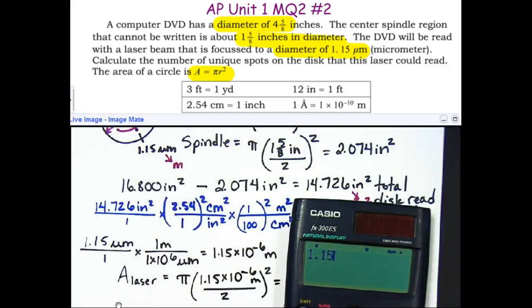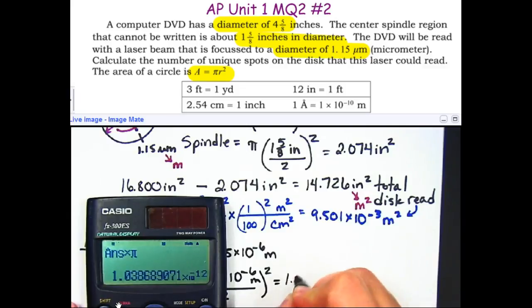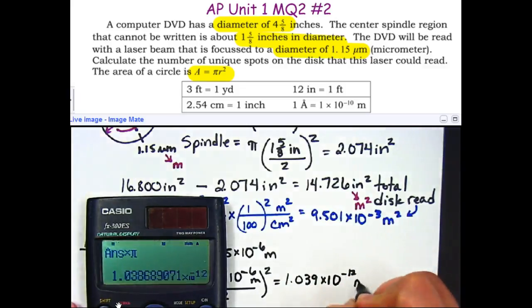Let's put 1.15 times 10 to the negative 6 in parentheses, divide that by 2, square that value, and then multiply that times pi. Okay, we get 1.039 times 10 to the negative 12 meters squared, and that's going to be the area of the laser.